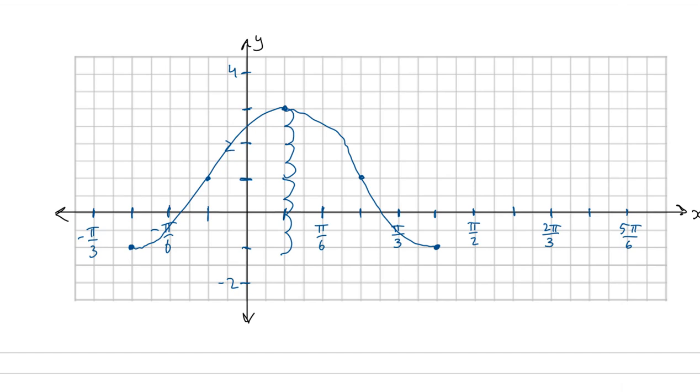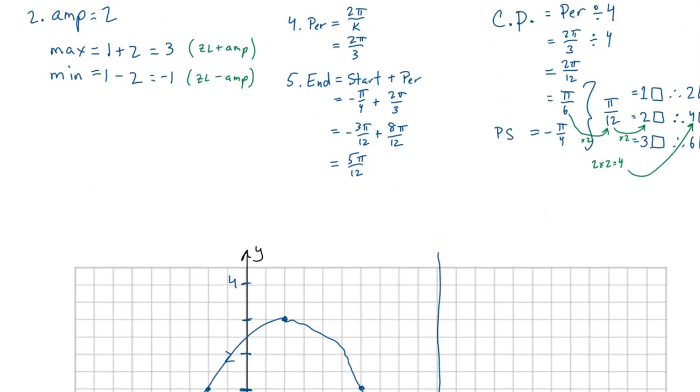Everything is symmetrical. Okay. And what is this point? 1 pi by 12, 2 pi by 12, 3 pi by 12, 4 pi by 12, 5 pi by 12. Bam. Where we were supposed to end.